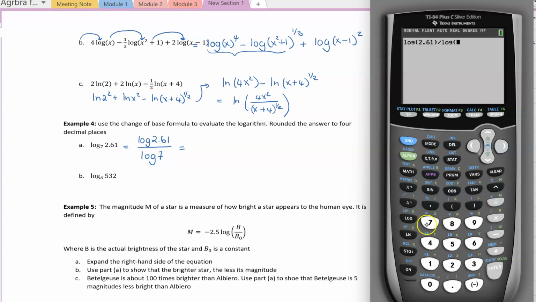log of 2.61 divided by log of 7, that is equal to 0.4930.